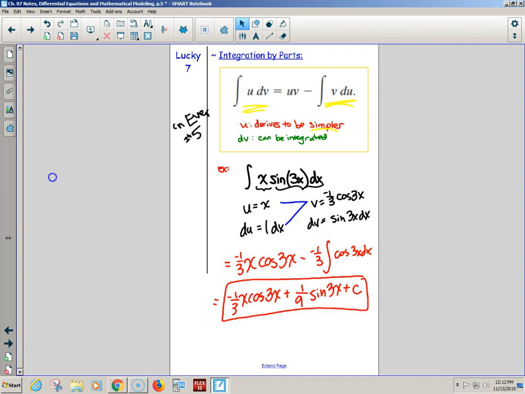Even though you can derive sine of 3x, and even though you can integrate x, your resulting voodoo integral would have had, if x was here, a 1/2 x squared and a cosine of x. You just made your problem worse. What's stuck in the integral is a harder expression that you still can't do. It would be an x squared and a cosine of x, which is even worse than just a single x sine of x. Well, sine of 2, sorry. Does that make sense?